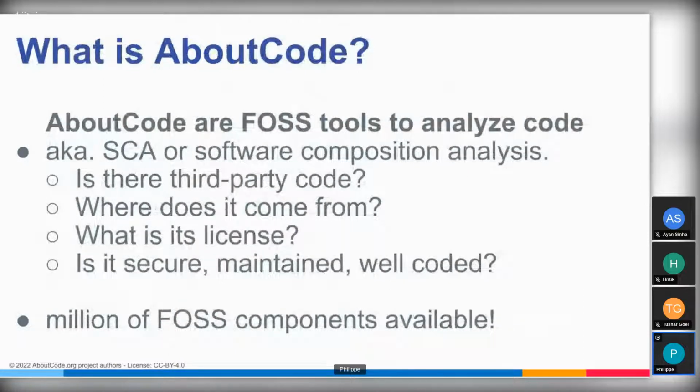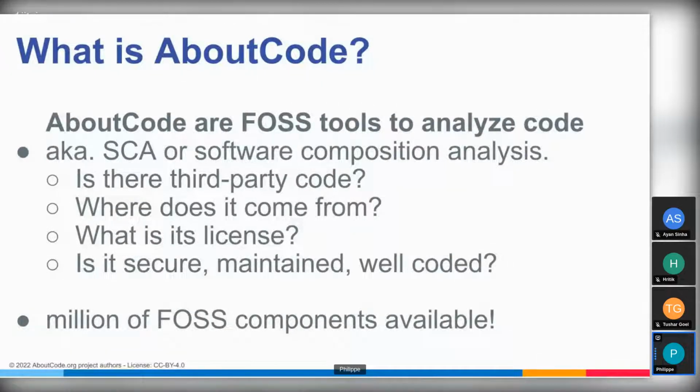And we do open source tools to analyze code, basically. It's a domain that's generally known as software composition analysis. And as I said earlier, you want to know, is there third-party code, where is it coming from, what's the license, is it secure, maintained, well-coded? The key thrusts today are licensing and security, but eventually we want to expand to the rest.